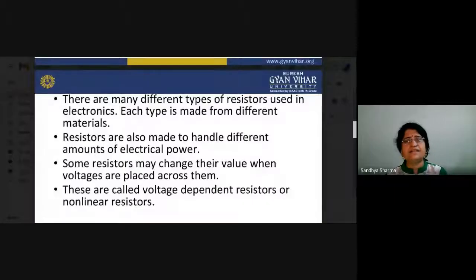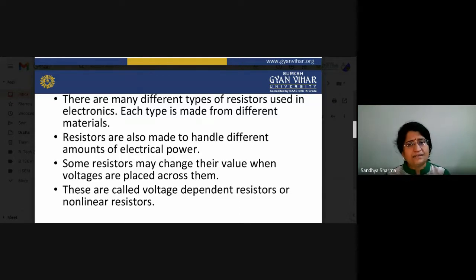There are many different types of resistors we use in our electronic devices, and each type is made from different materials. Resistors are also made to handle different amounts of electrical current. There are properties according to their materials, and the property of that particular material determines how it will react in our circuitry.